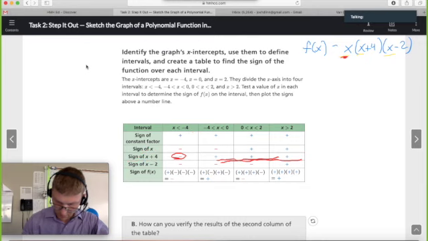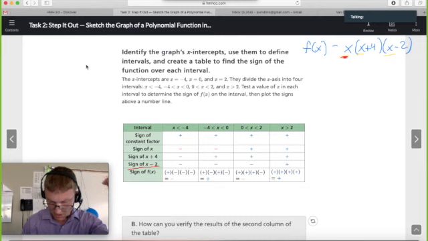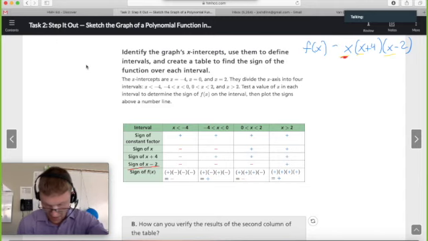So let's get rid of all of my doodle marks. And we're going to do the same thing. So sign of x minus 2. If x is less than negative 4, so like negative 5, negative 5 minus 2 is going to be negative. Negative 4 to 0, again, let's try negative 1. Why not?